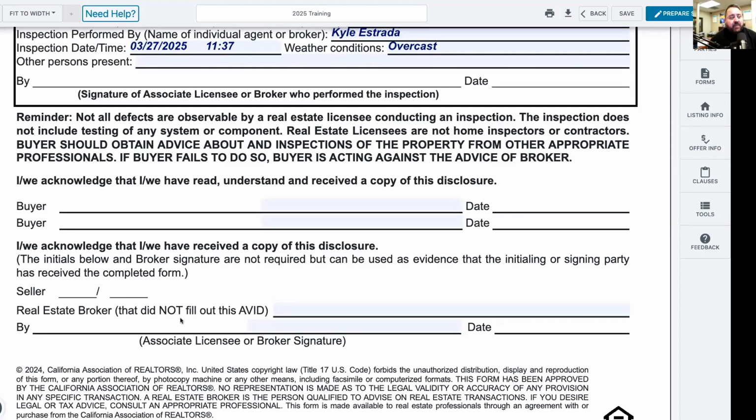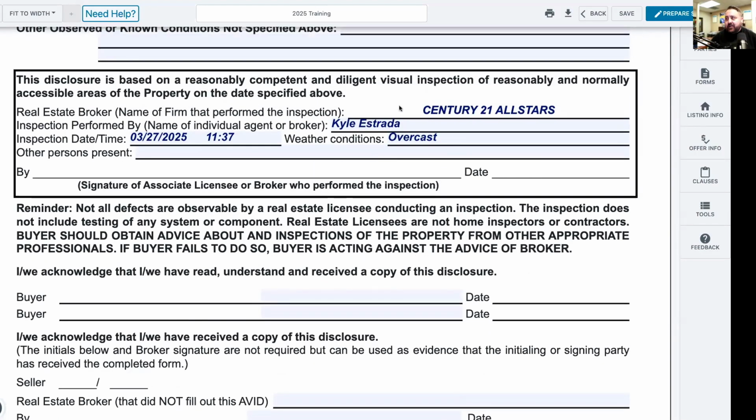Okay. And then the other broker, the buyer's agent or the listing agent, depending on who you represent, is going to sign here. The seller is not required to initial. Okay. So understand that this part right here is important, because what it's going to say to them is that when you performed your visual inspection, this is the date and time you did it, and these are the conditions it was under.